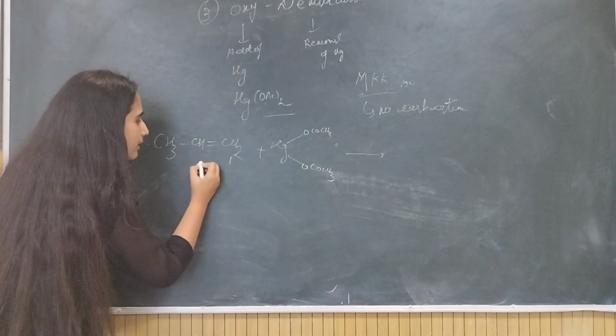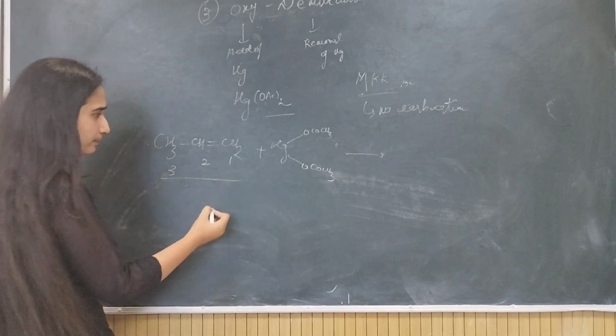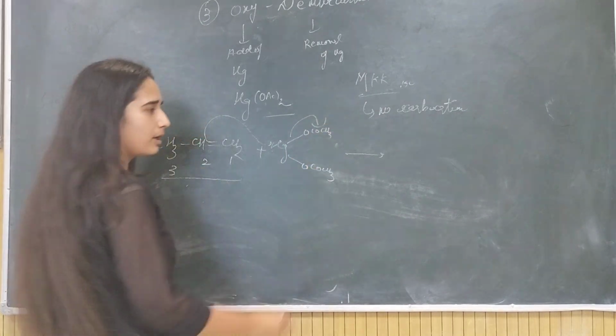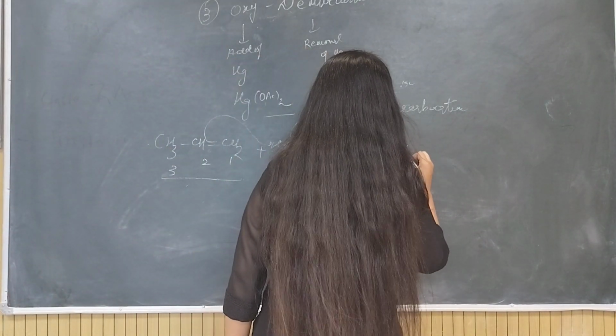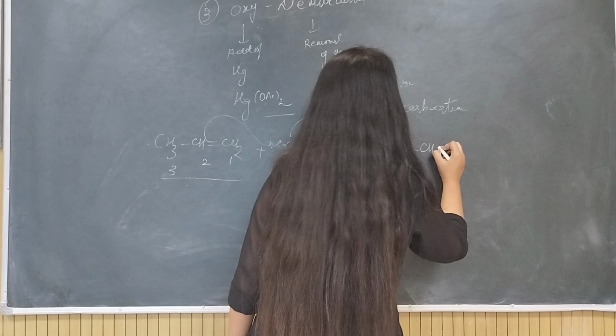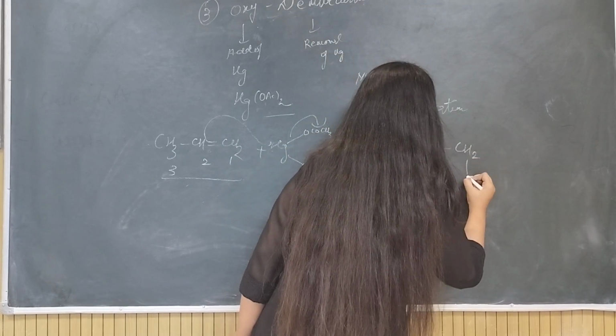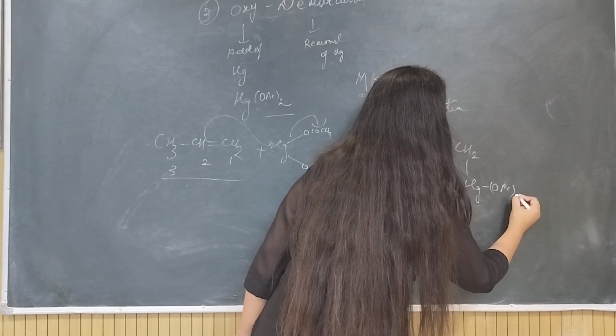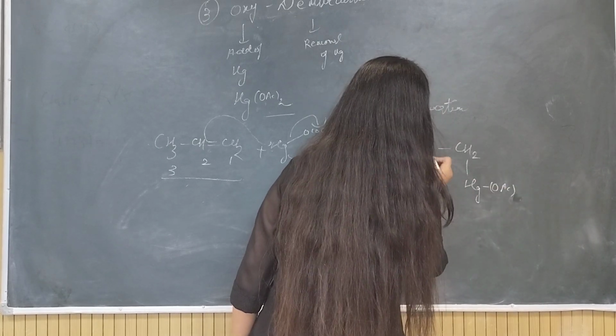Still we number it 1, 2, 3 as it is the main chain. Now the double bond attacks on mercury and removes this group out. So a complex is formed, Hg(OAc)2.